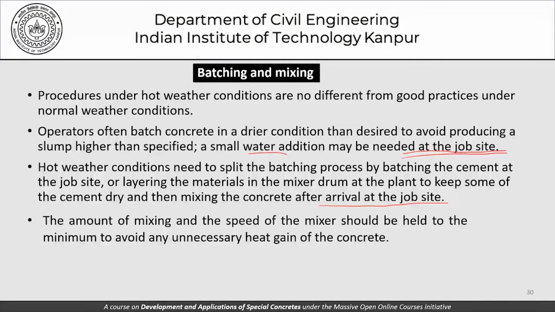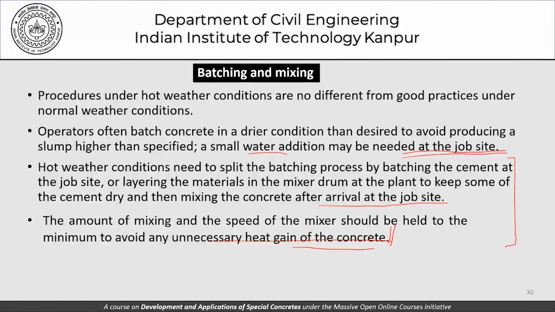The amount of mixing and the speed of the mixer should be held to a minimum to avoid unnecessary heat gain of the concrete. So these kind of statements are very difficult to understand in a technical sense because they are not giving you any specific guidance.